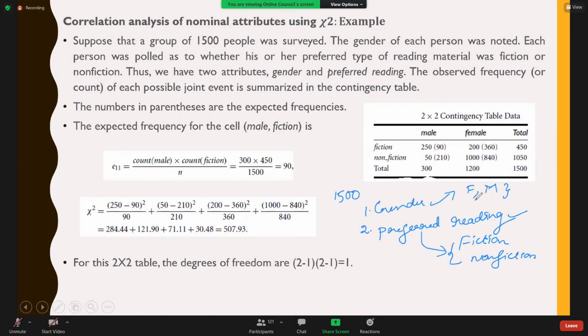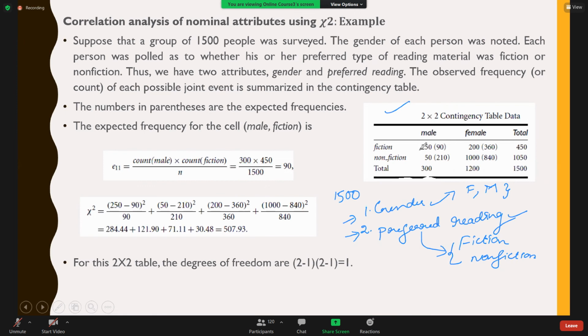Now we need to find the correlation between these two attributes. Correlation between these two attributes can be found using this chi-square test. For this, first we have to construct the contingency table. The contingency table shows the frequency of the joint event.